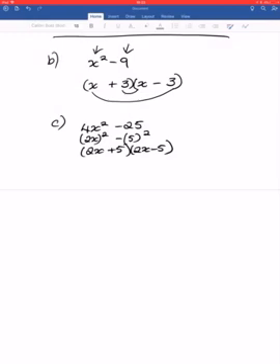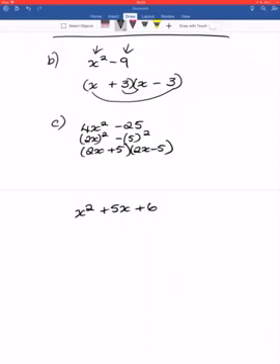Okay. Right, okay. What about harder ones? So, if I have something like this, and I have got x squared plus 5x plus 6. I'm happy with this because it's just got an x squared, so I know it must just be an x in both.